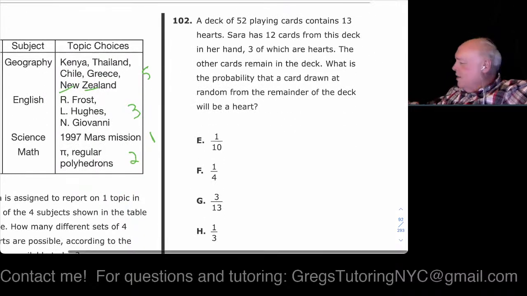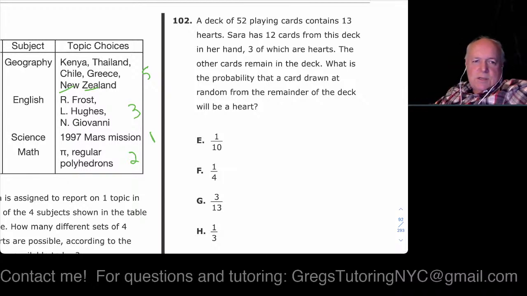Let me just double check that 101 was 30. Yeah, it's C. 102, a deck of playing cards contains 13 hearts. All right. So most likely this is going to be a ratio. Let's see where it's going. So 13 hearts out of 52 cards. Maybe we don't need to do that ratio, but I'm just putting it down anyway.